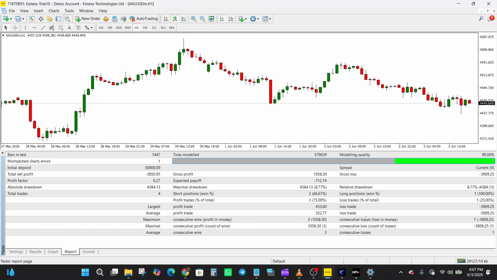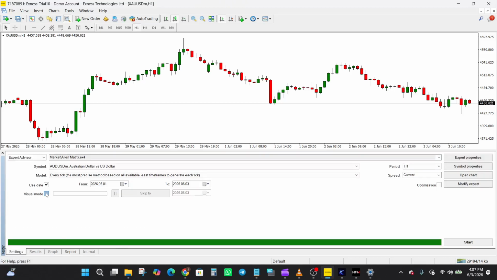So this shows that the risk to reward ratio is significantly bad. And when you compare that with the win rate, the win rate is not really sufficient to cover for this kind of risk to reward ratio, because you can see the difference between the average profit and the average loss is so much. But remember that these are just historical backtest results, so they do not guarantee future performance.